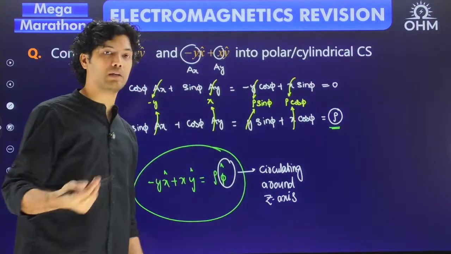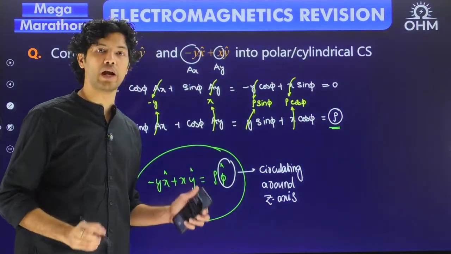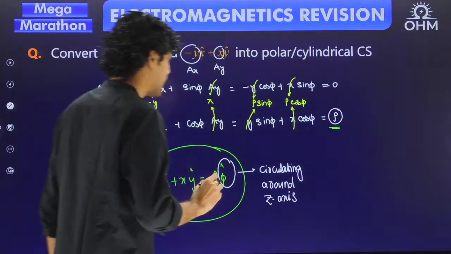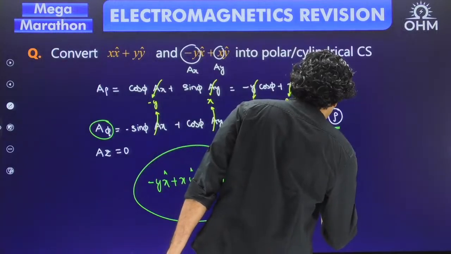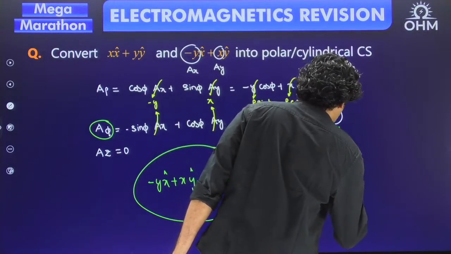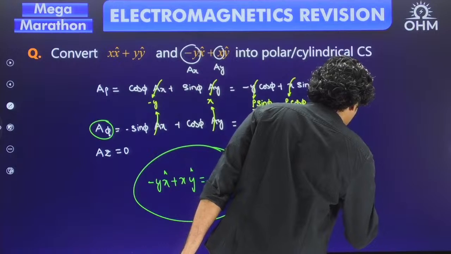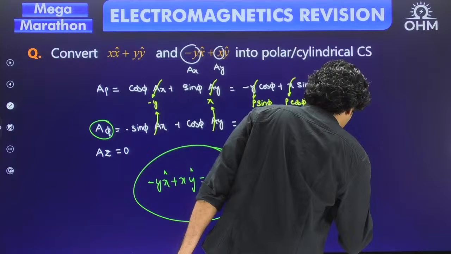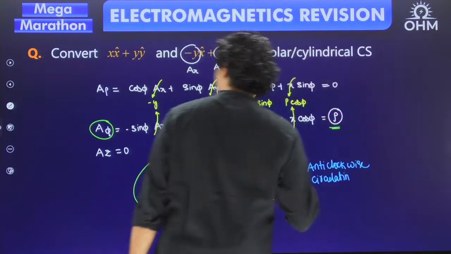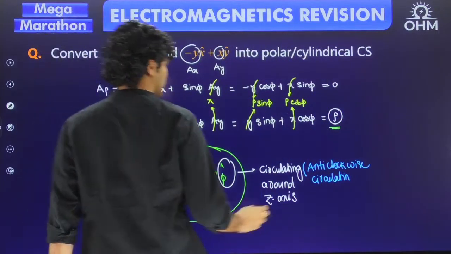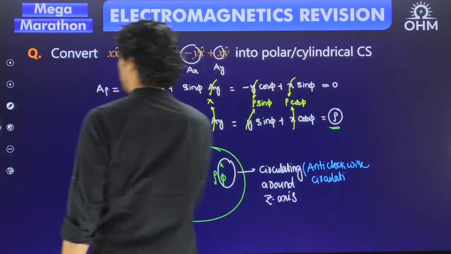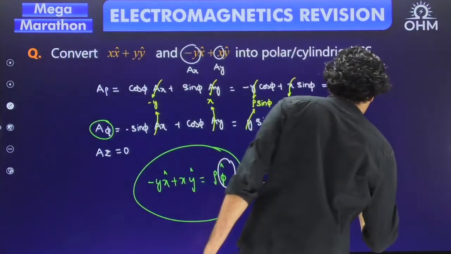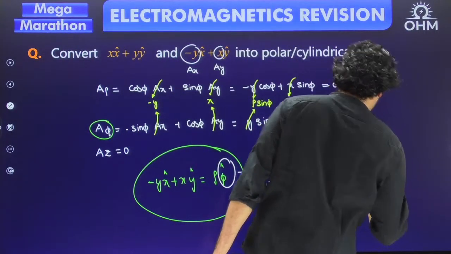Like someone earlier was asking me, sir, is it clockwise circulation or anti-clockwise circulation? Direction is nothing but, when seen on xy plane, the standard xy plane, anti-clockwise circulation. Not in every viewpoint, but rather when seen on the typical xy plane, it is anti-clockwise circulation.